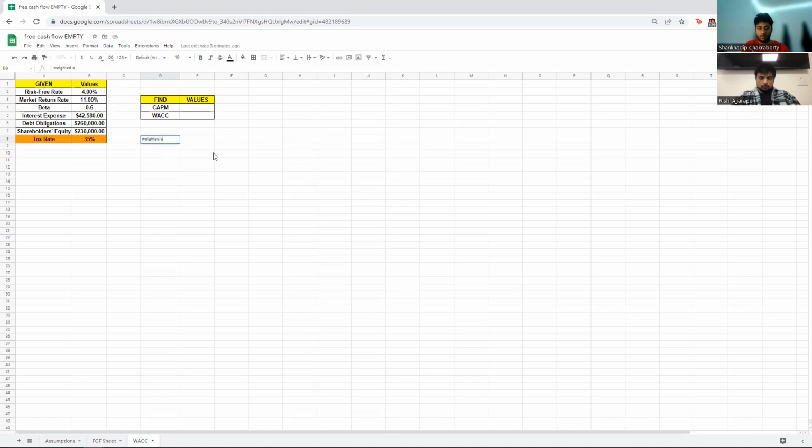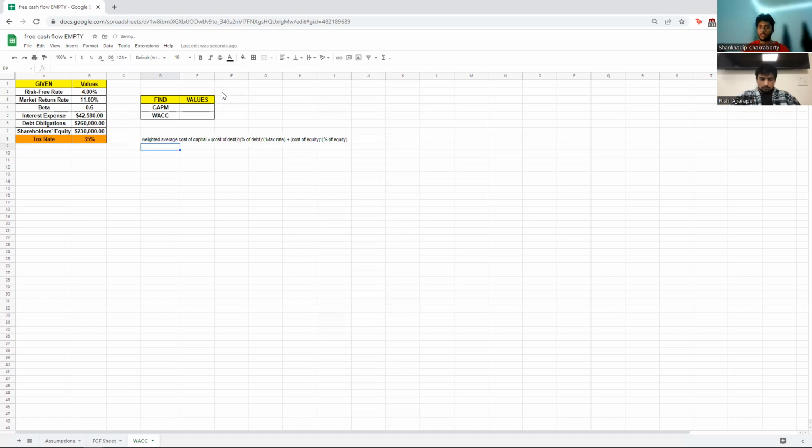So the weighted average cost of capital... I thought it was small, but I think we're good. Weighted average cost of capital equals the cost of debt times percent of debt times 1 minus the tax rate plus cost of equity times percent of equity.